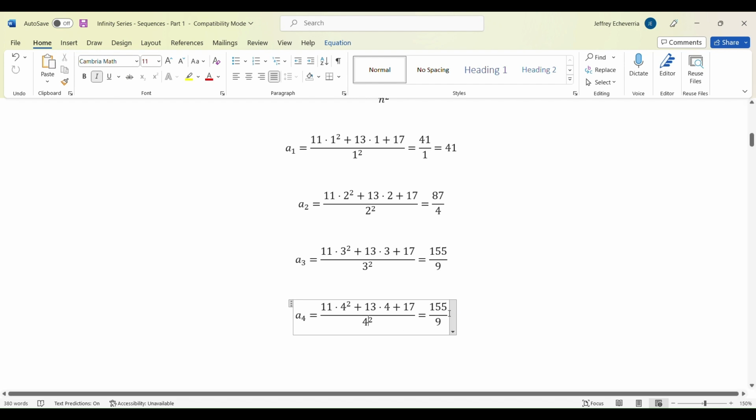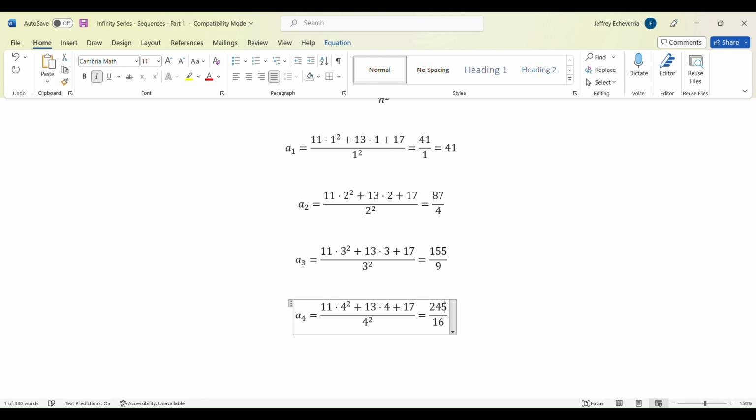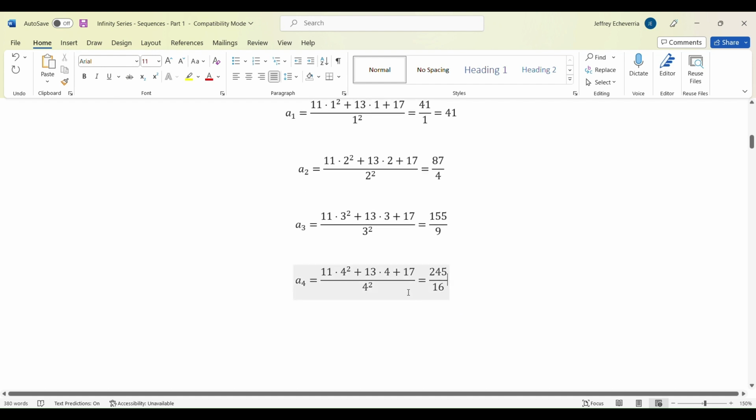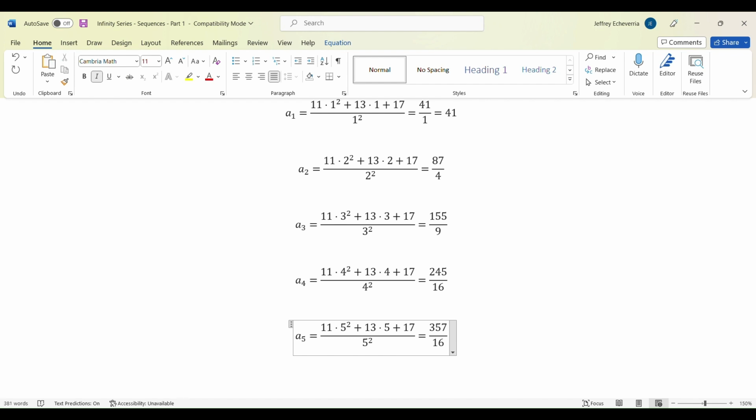Our denominator will be 16. Our numerator will be 245. And finally, a sub 5. So replace all the 4's with 5's now. So our numerator will be 357, and our denominator will be 25.